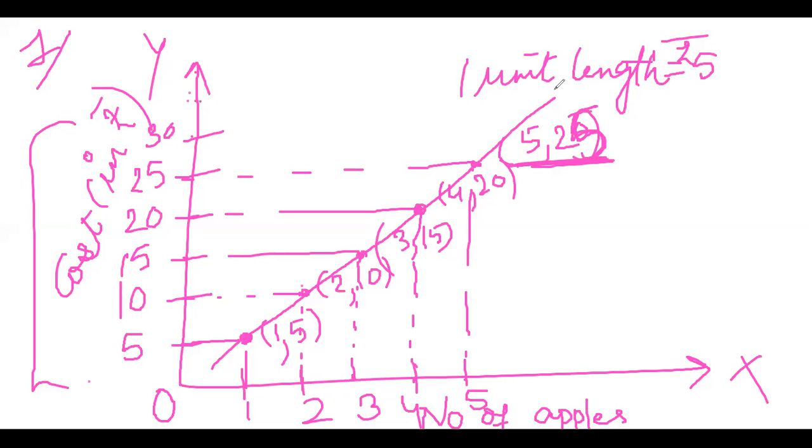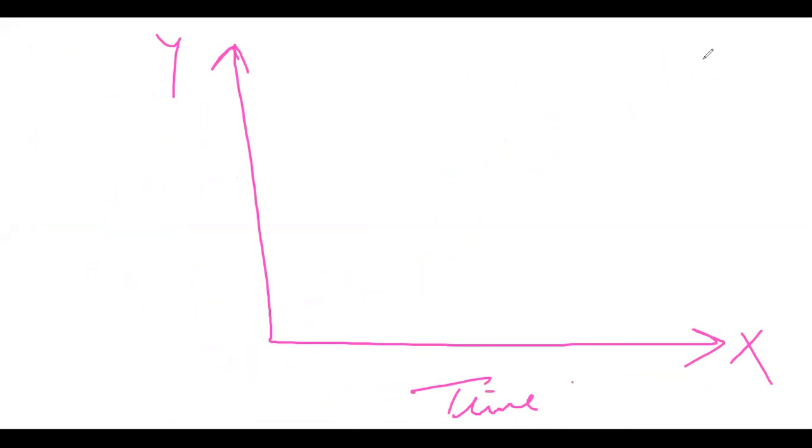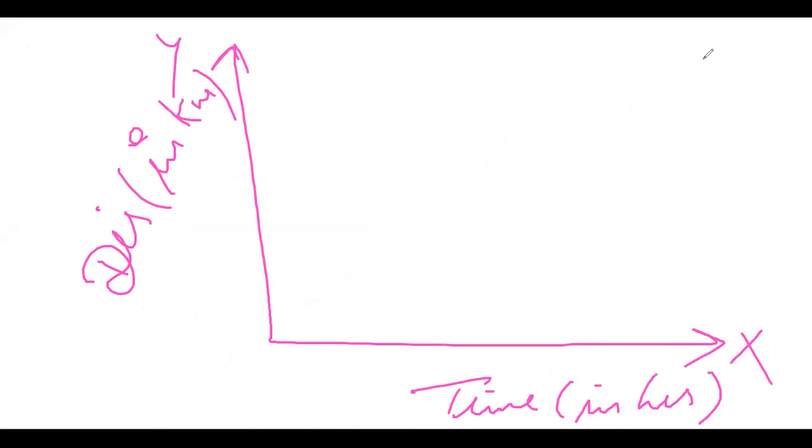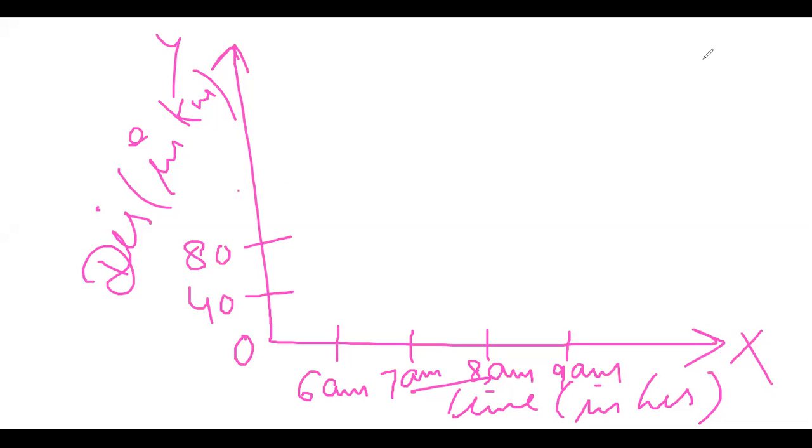Now we were doing the next question, next part. So what do we have to take there? On x axis we are going to take the time mentioned properly in hours, and on y axis we have given distance in kilometers. On x axis it's given 6 a.m., 7 a.m., 8 a.m., 9 a.m. On y axis it will start from 0 and we'll take the gap of 40: 40, 80, 120, 160.